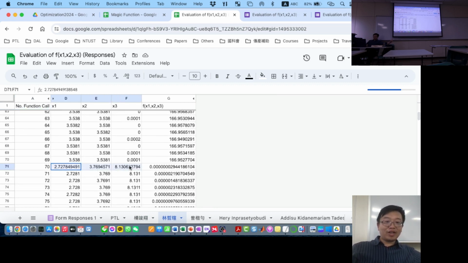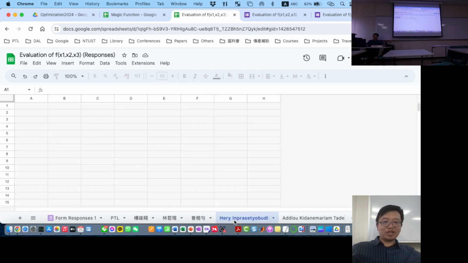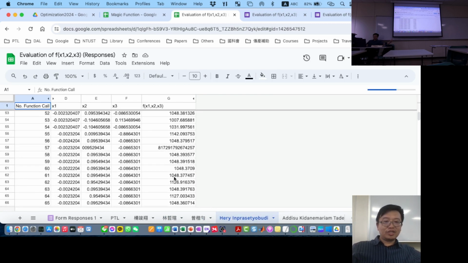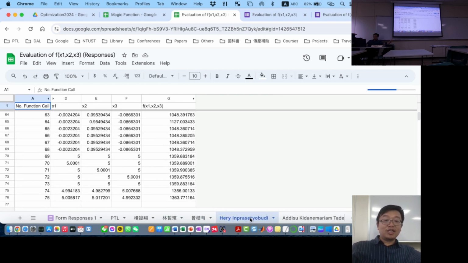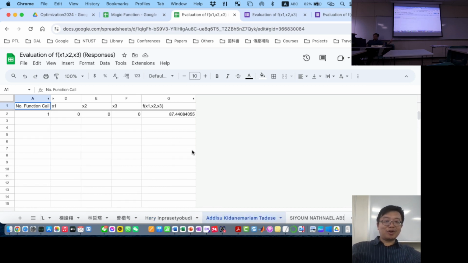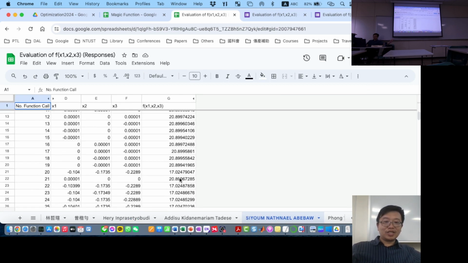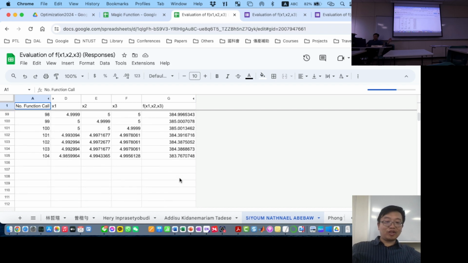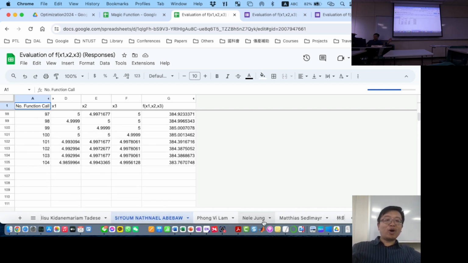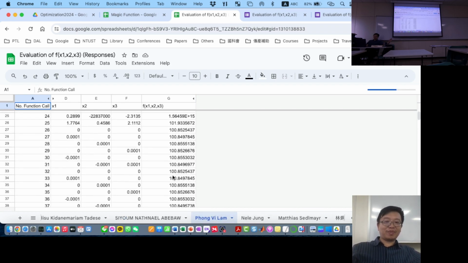He was able to find this point. So maybe he did it right. Maybe. Taijun didn't do it. So if you did it right, you're supposed to find somewhere close to 0, because everyone's optimal is 0. Okay.